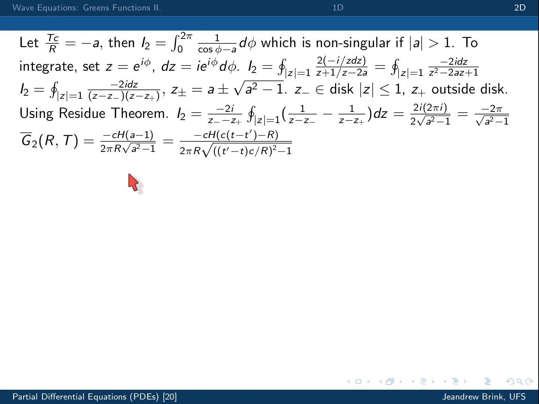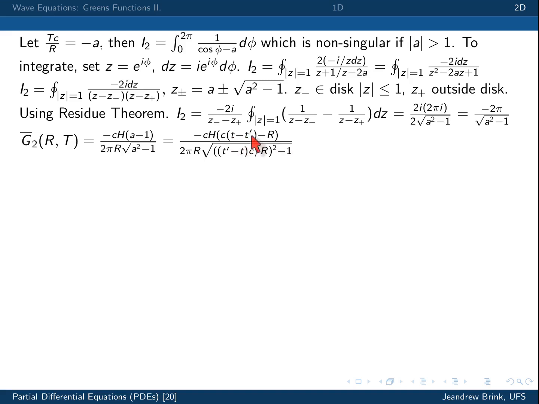And if we then substitute back in our definition of a, then we simply get that a is equal to t c over r, and we have that a minus 1 being positive is simply equal to this condition, because t is actually t prime minus t.